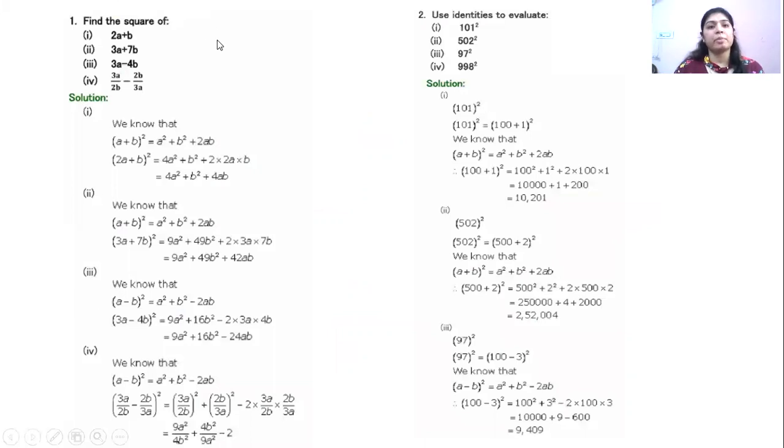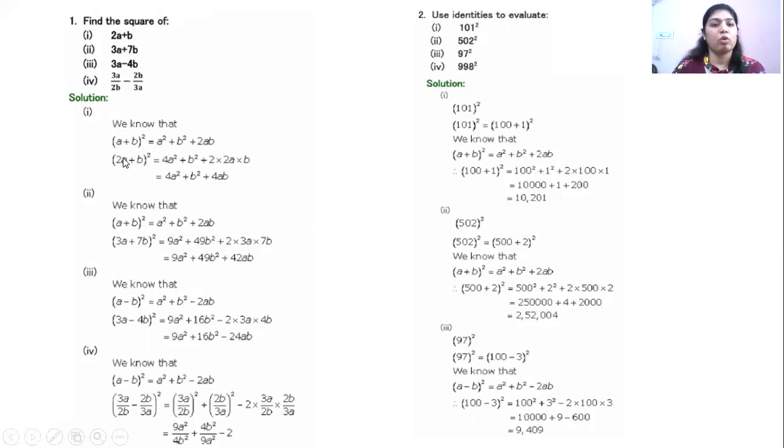Question number 1 demands we find the square of these 4 values. The first one is 2a plus b. If I consider this 2a as a single element a, then it is the formula (a plus b) whole square, and we all know that (a plus b) whole square gives you a square plus b square plus 2ab.